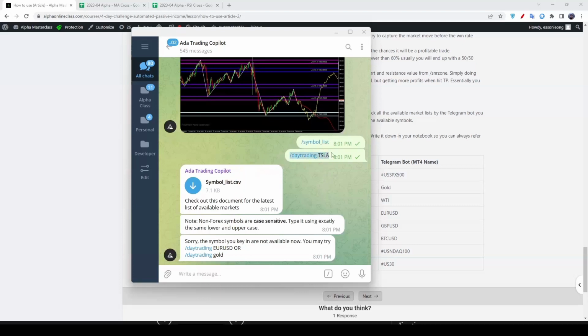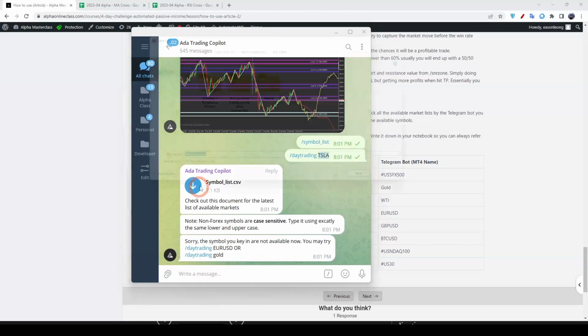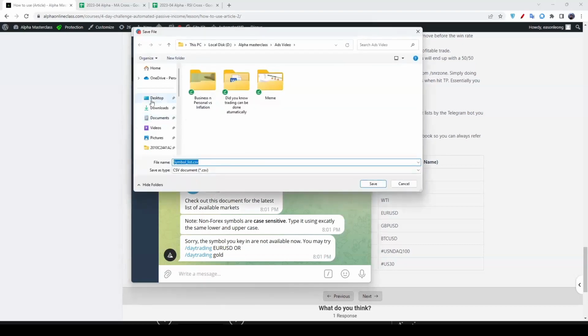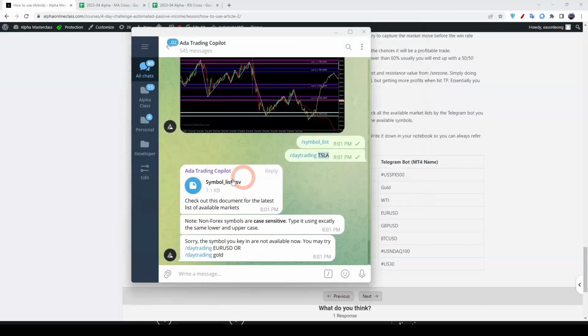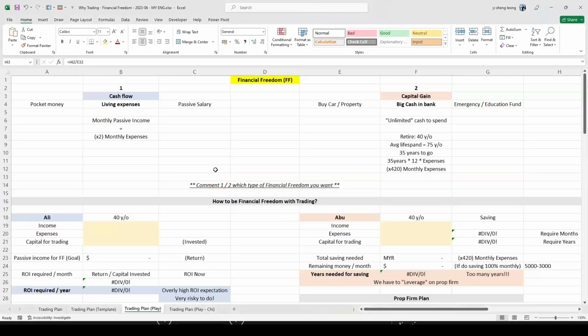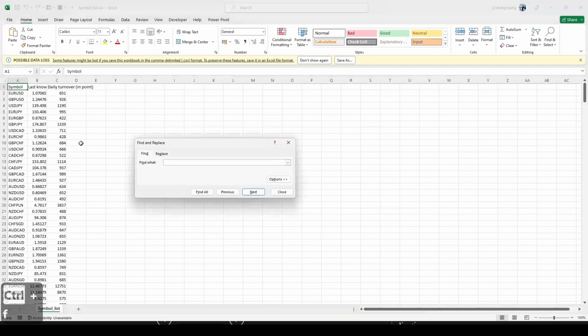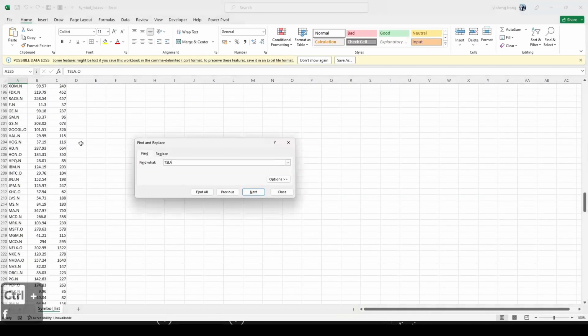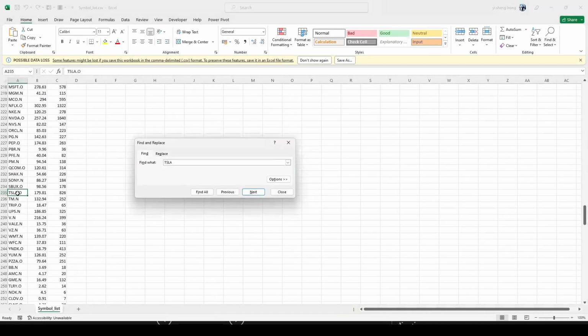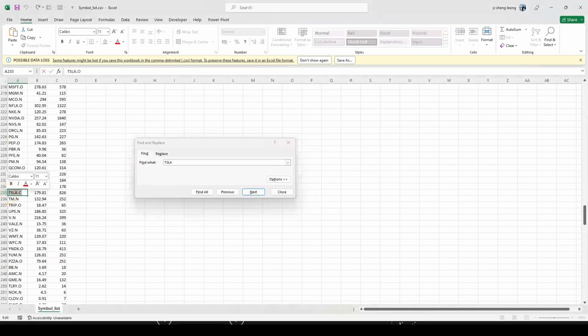Okay, so number one, Tesla is a stock. When you want to do Tesla, you have to understand the exact terms for Tesla. So TSLA. Now, this is Tesla. There is a .O behind, so you have to type exactly one-to-one with this.